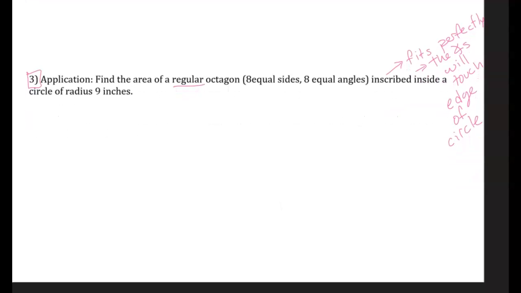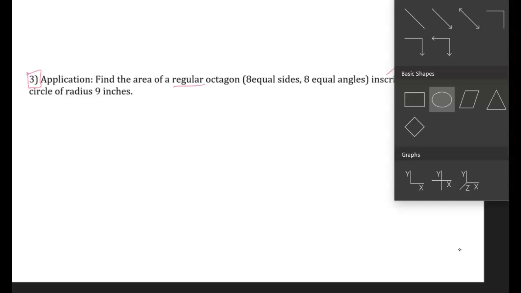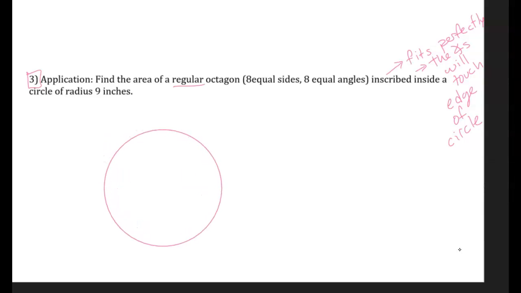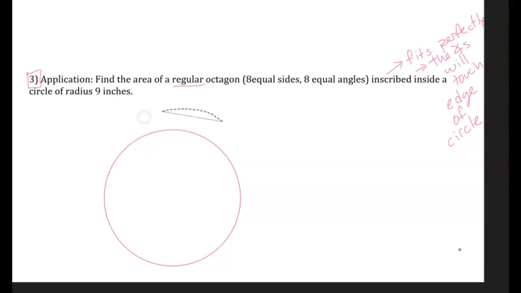So the first thing I'm going to do is draw a circle. Now I know octagons have 8 sides, meaning the top portion of the octagon will have 4 sides if I think about it.